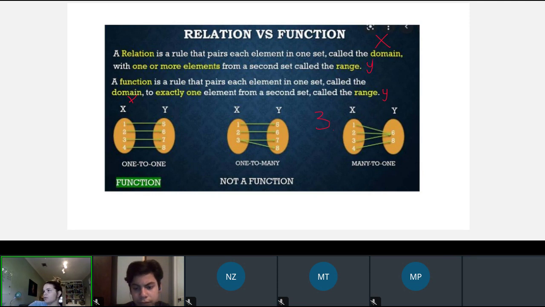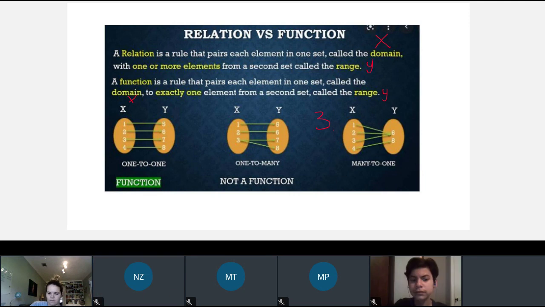I'm going to put up a quick little poll here. What do you think? Green check for function, red check for not a function. Good. So most of you said it was a function. Yeah, 3 is in the last one. Thank you.